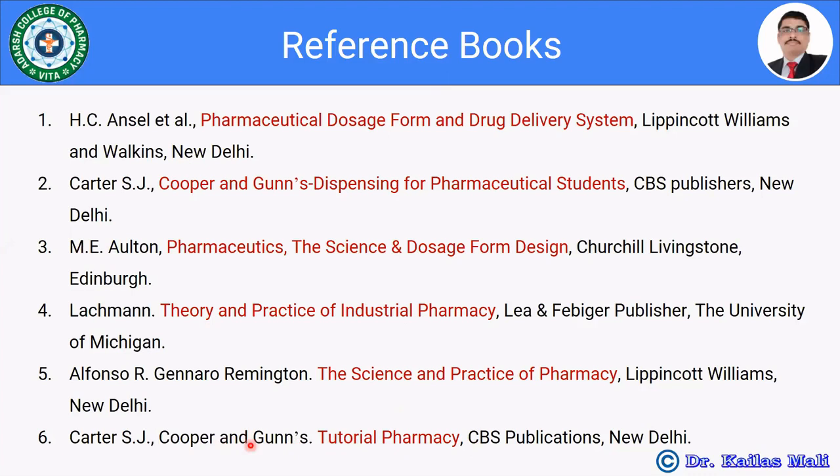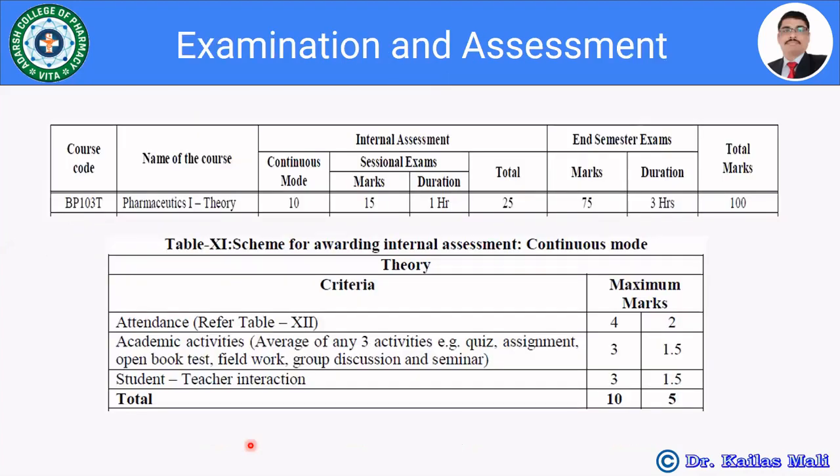So there are so many other textbooks available in the market. So you can choose any of the books, but more preferably you should use the reference books to study the subject Pharmaceutics I.